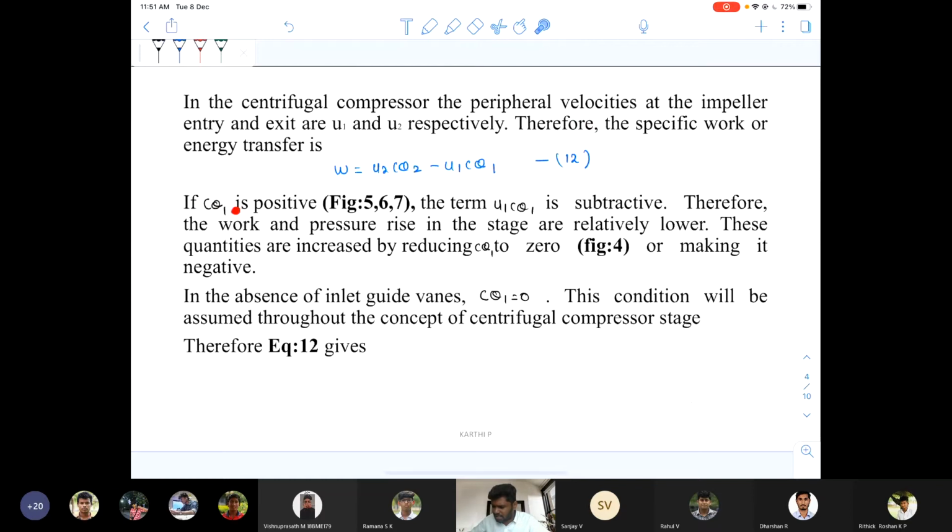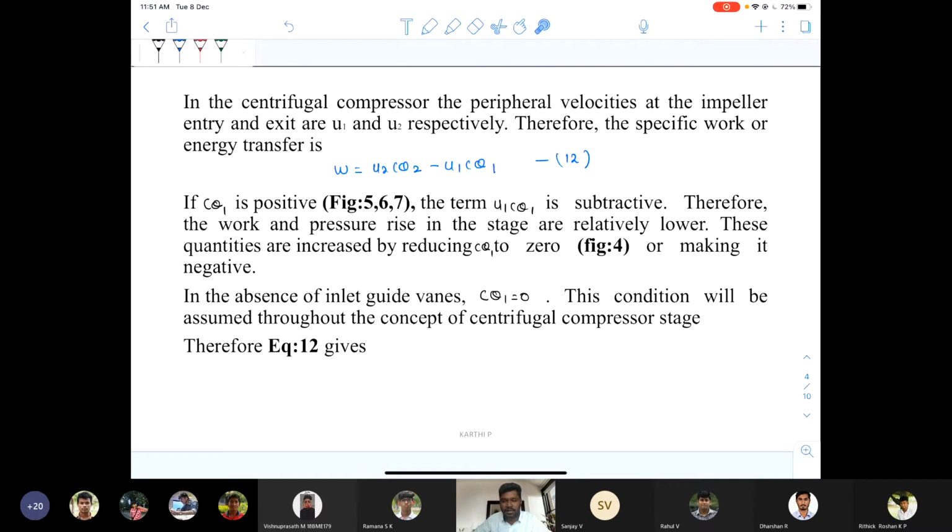Therefore, if C theta 1 is positive, the term U1 C theta 1 is subtractive. Therefore the work and pressure rise in the stage are relatively lower. We have seen this in fans and blowers too.